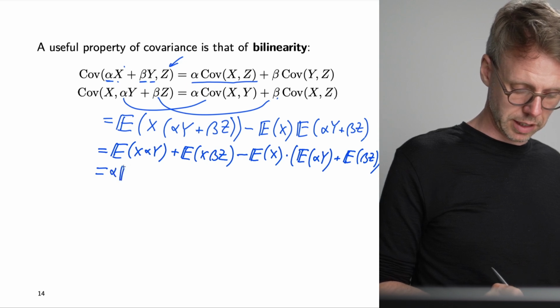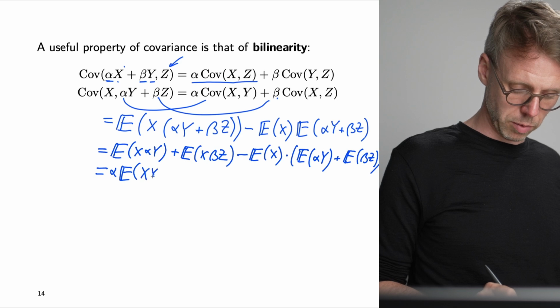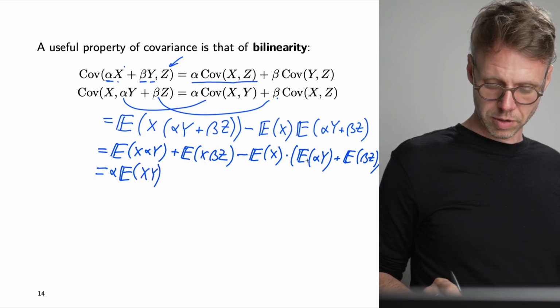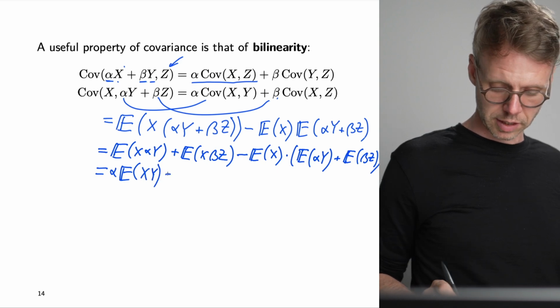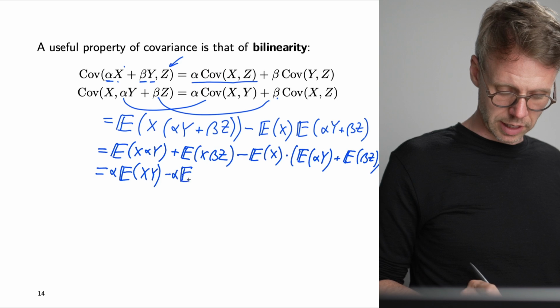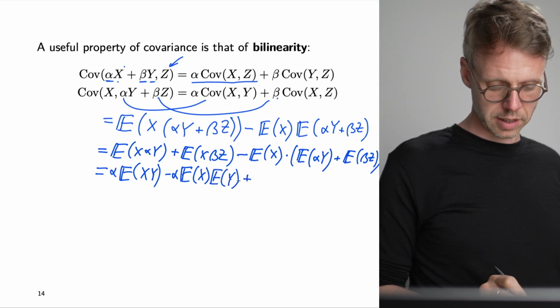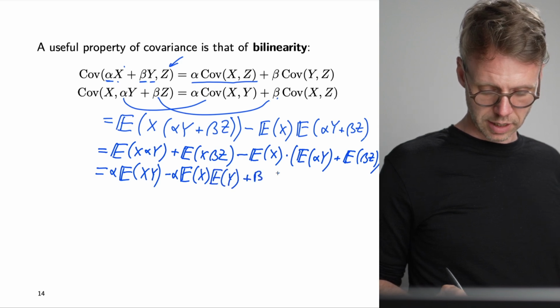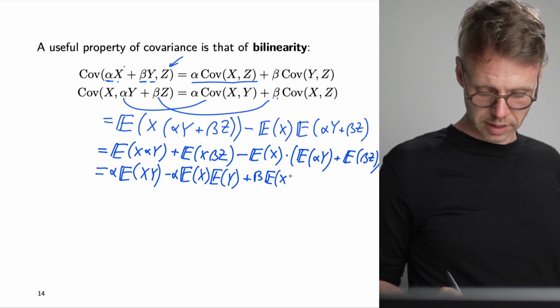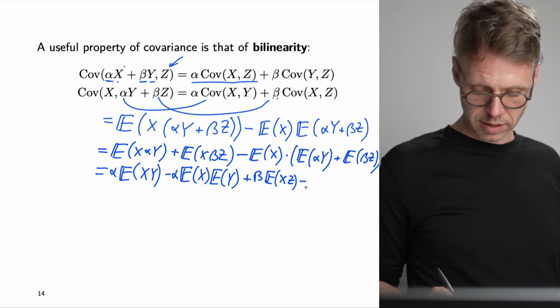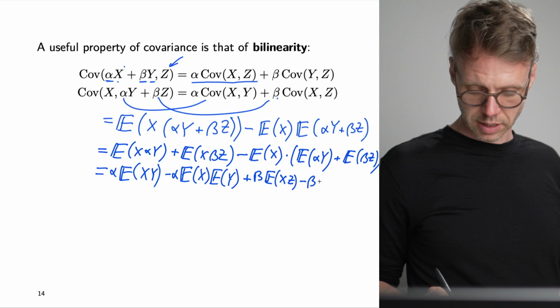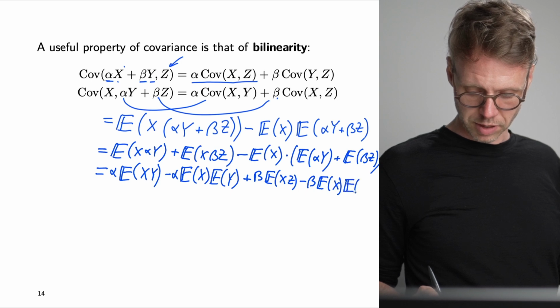So we have here alpha times the expected value of x y, and now we use the corresponding term from here, minus again alpha in the front, expected value of x, expected value of y, plus beta times the expected value of x z, minus beta times the expected value of x times the expected value of z.